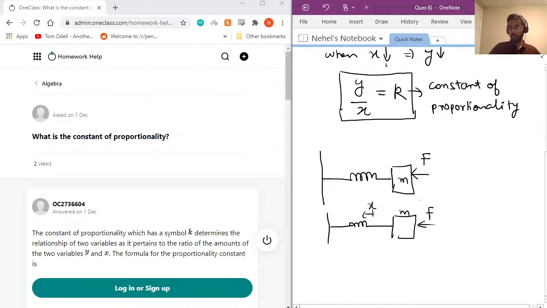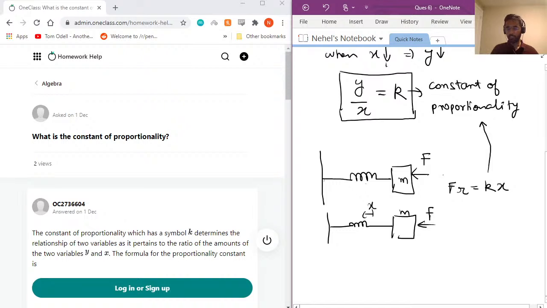Now this distance x is the displacement. When we press a spring, it wants to push back, so it has some restoring force. The restoring force for the spring from Hooke's law is given by F restore is equal to K times x, where K is the constant of proportionality and x is the displacement. So K is actually a physical property of the spring, but it's also the constant of proportionality.